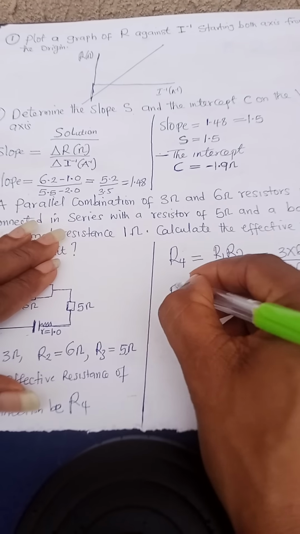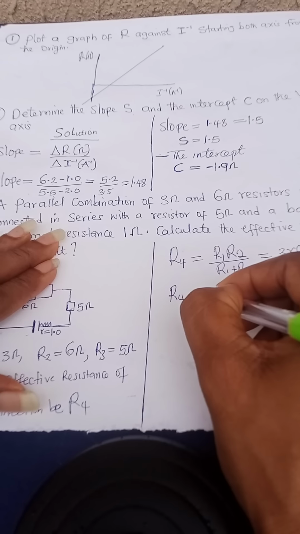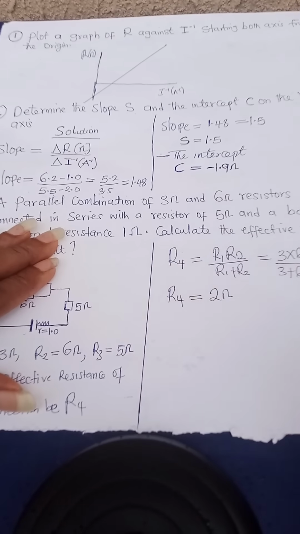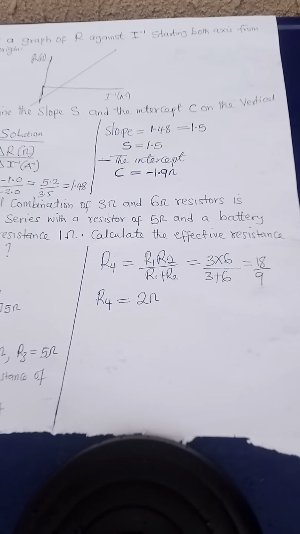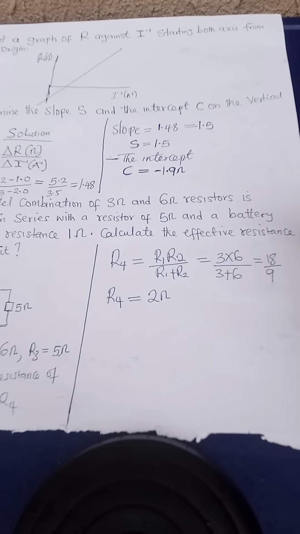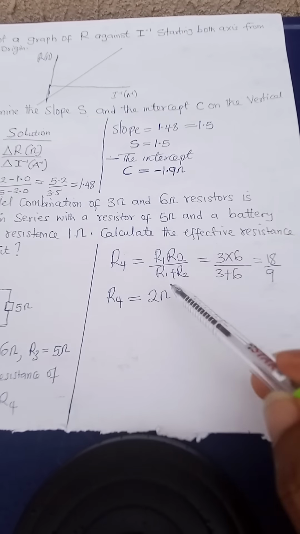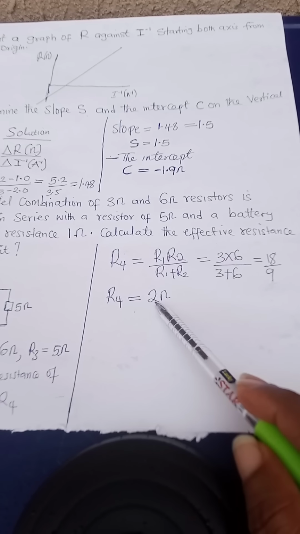So this means that my R4 is now equal to 2 ohm. So you can see we have R4 now to be equal to 2 ohms.